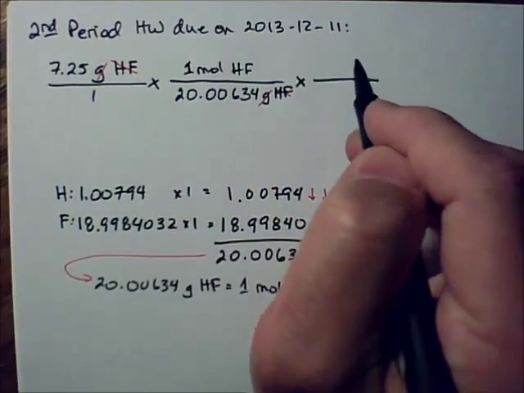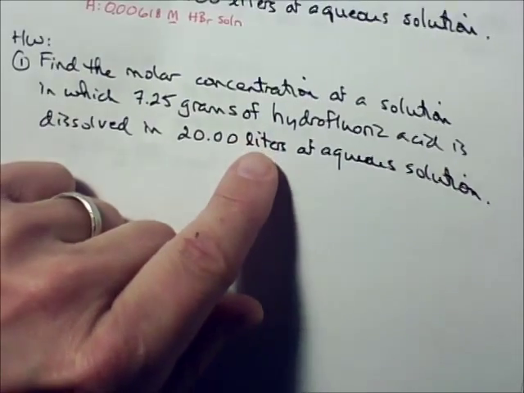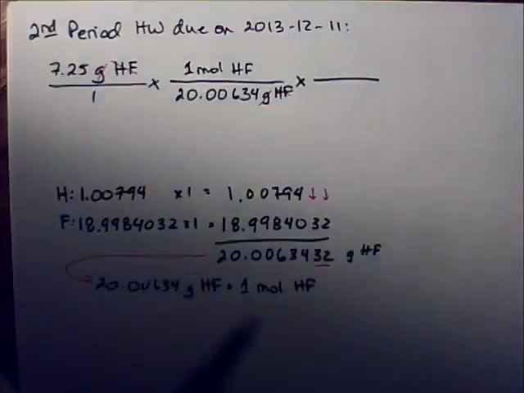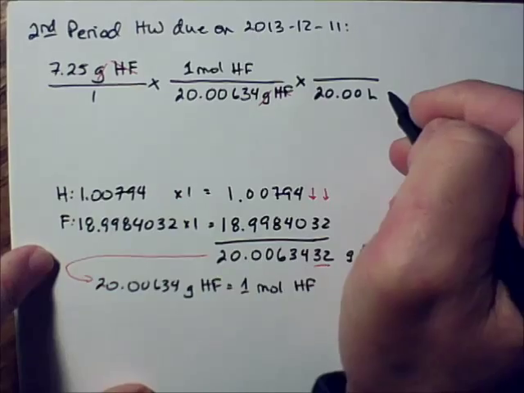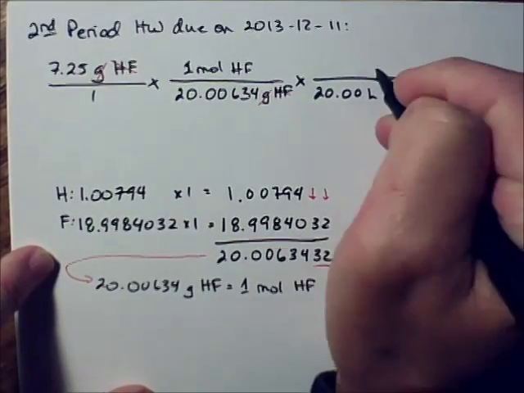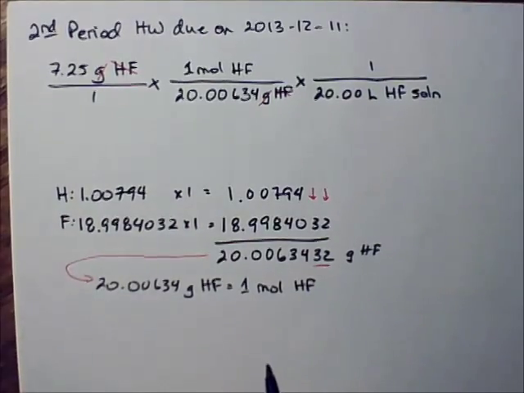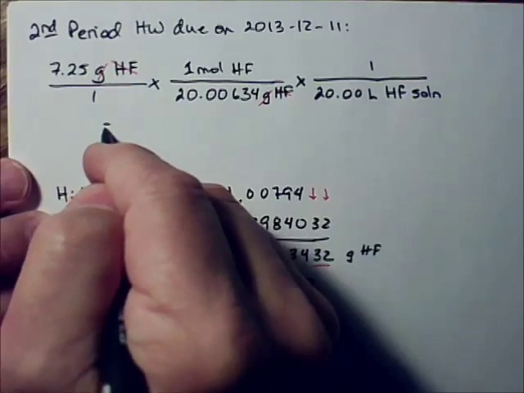Then, in order to get to the molar concentration, we need to divide by the liters of solution in the problem. We have 20 liters of aqueous solution. And dividing by something is the same as multiplying by its reciprocal or putting it under 1 in a fraction.